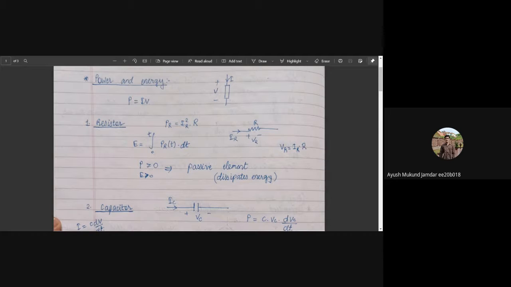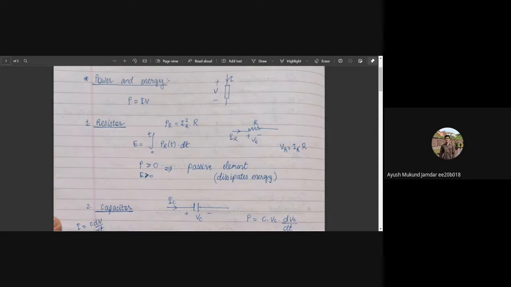Now let us see how it applies to our beloved circuit elements, starting with resistors. The resistor is the simplest of all the circuit elements. It basically works on Ohm's law, that is V = IR, and this is helpful to understand why our sign convention is helpful.